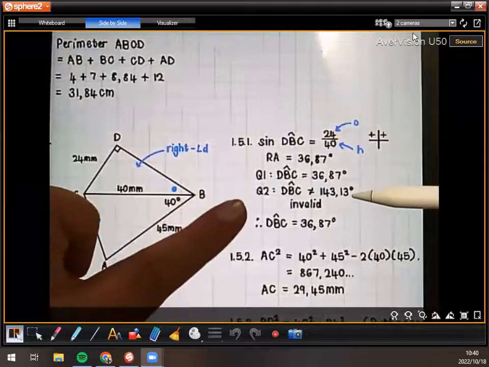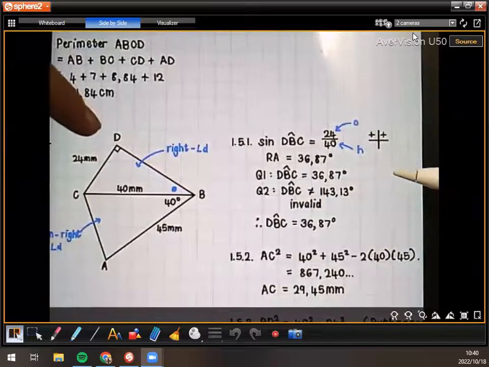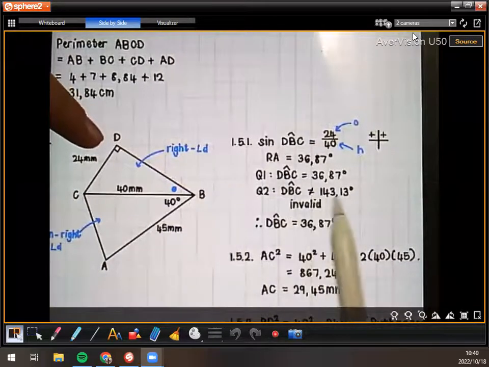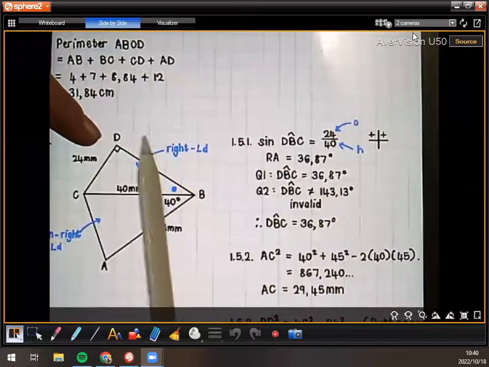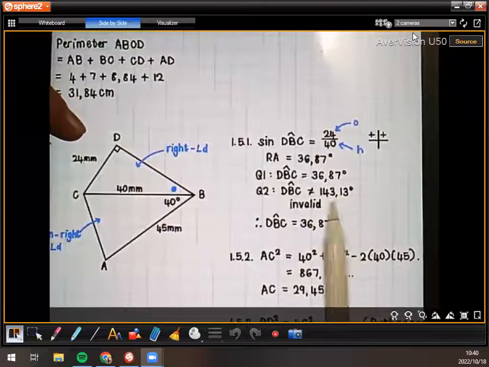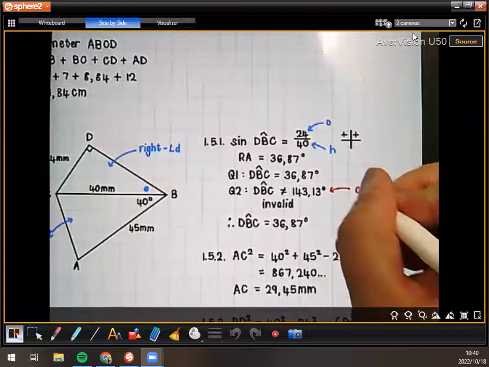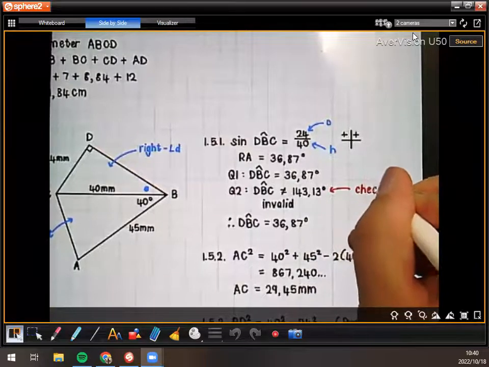Remember, for your quadrant 2 solution, you always have to check. Because if I have a 90-degree angle there, I can't have another obtuse angle. I can't have a 90-degree angle and a 143-degree angle. That can't happen. So that would be the check, which you can do on the calculator or in your head.